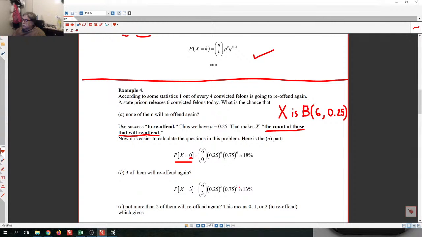And the failures, the people that will not reoffend, 6 of them, is the power here, right? n minus k, where k is 0 and n is 6. 6 minus 0 is 6. When you calculate that, this, by the way, is just 1. There is only one way you can choose nobody from the group of 6.